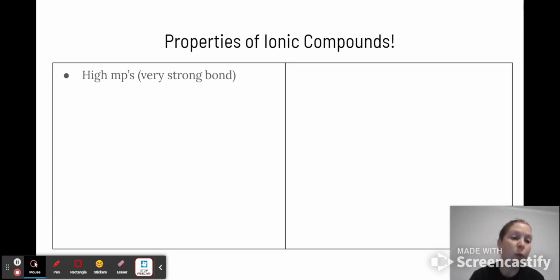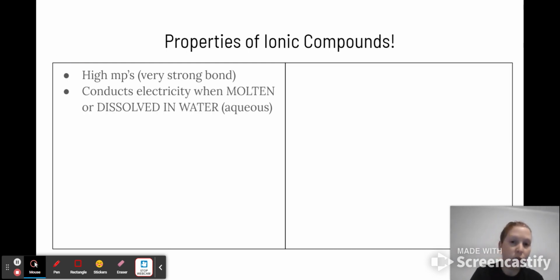Once that has formed into an ionic compound, they have very specific properties as well. First being super high melting and boiling points. So that means they have a very, very strong bond. As reference, with a Bunsen burner in the lab, we cannot get hot enough to melt most ionic compounds. Okay, it's got to be extremely hot.